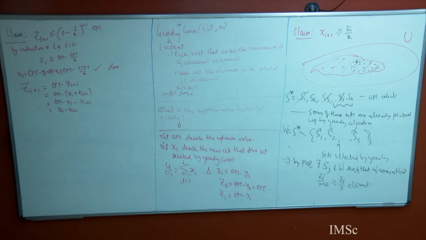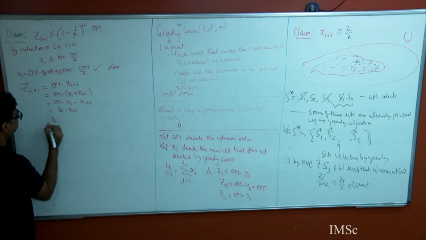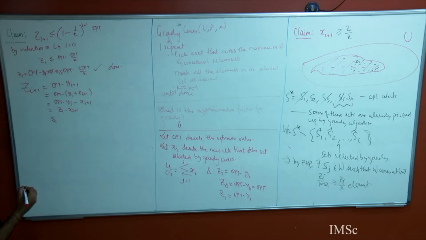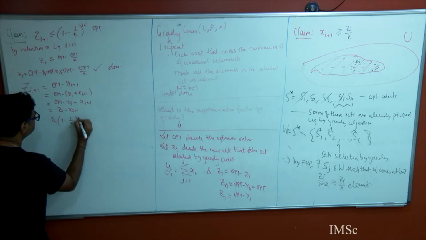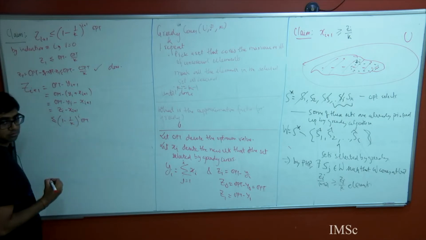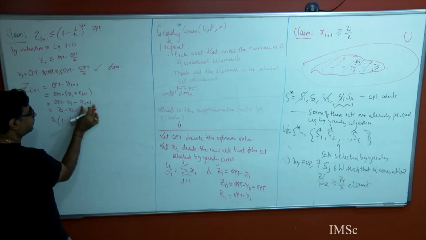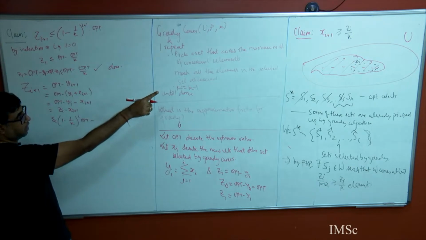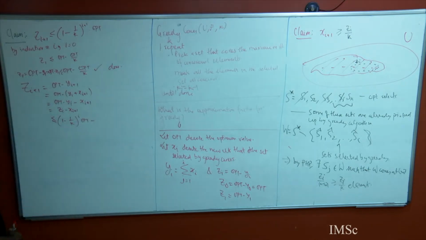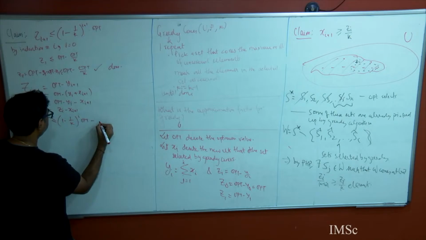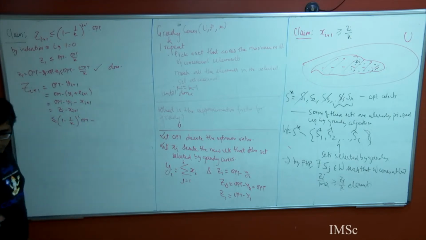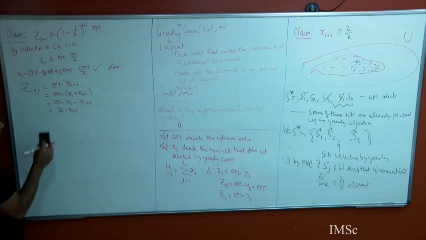But now for Zi, I have the induction hypothesis, right? By the induction hypothesis, Zi is at most 1 minus 1 over k to the power i times opt, minus Xi plus 1, which is Zi by k. Agreed? Maybe I should replace it here.